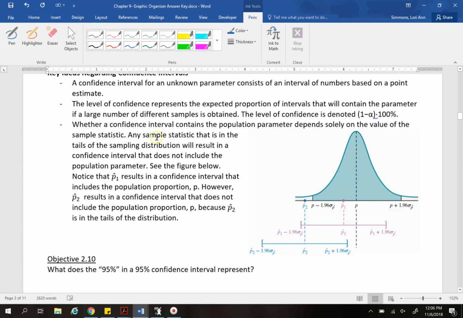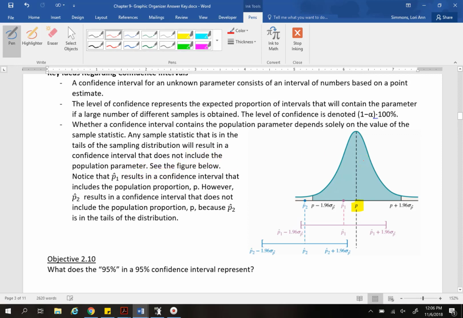And whether a confidence interval contains a population parameter, so here's a population parameter, depends solely on the value of the sample statistic. So again, here's a population parameter. Any sample statistic that is in the tails of the sampling distribution will result in a confidence interval that does not include the population parameter.